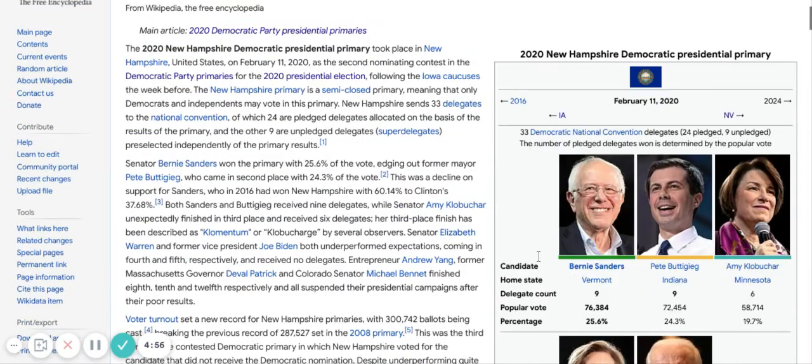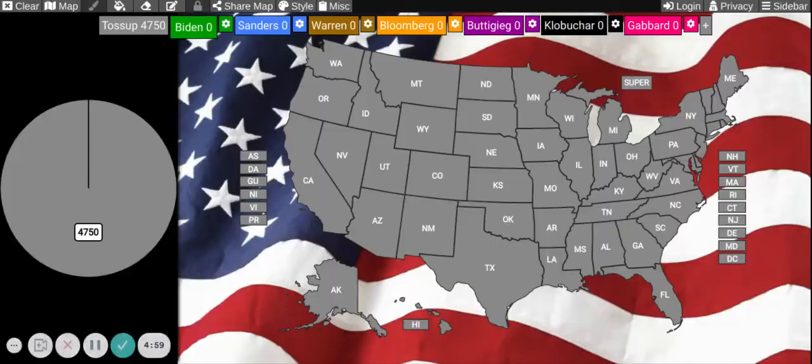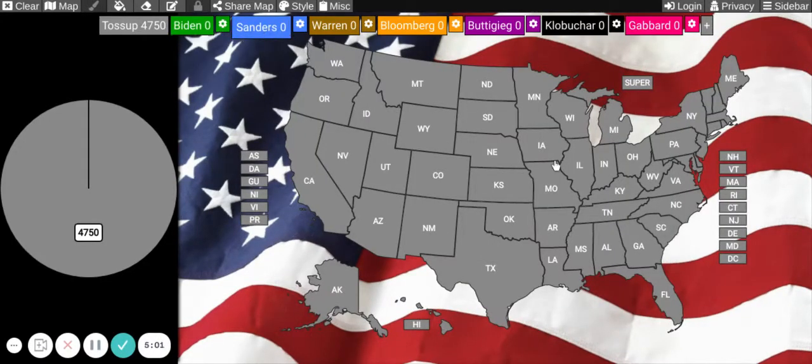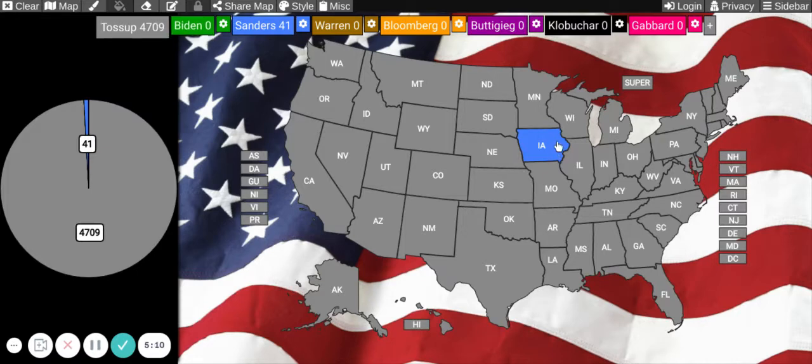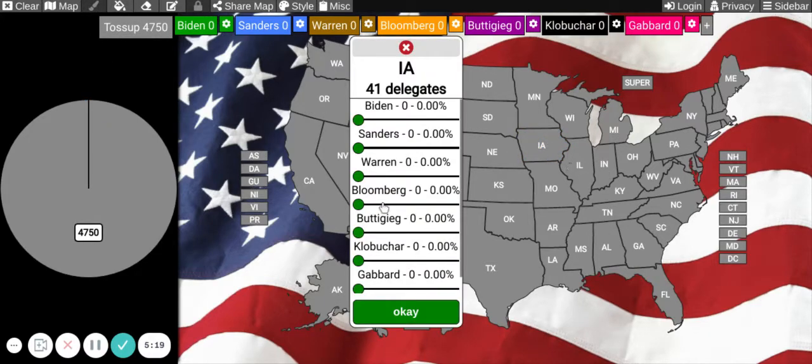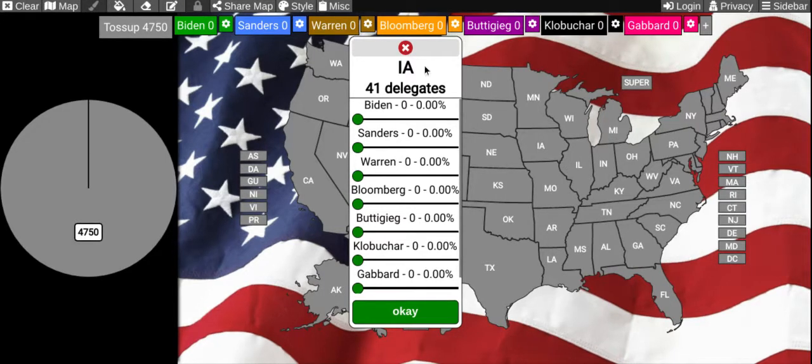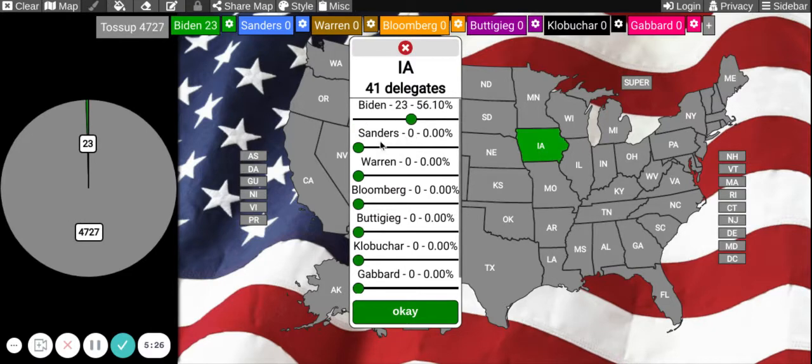So think of it like this: first Iowa goes, and let's say in Iowa, Bernie, Bloomberg, and Buttigieg had a good night. Then Biden, Bernie.